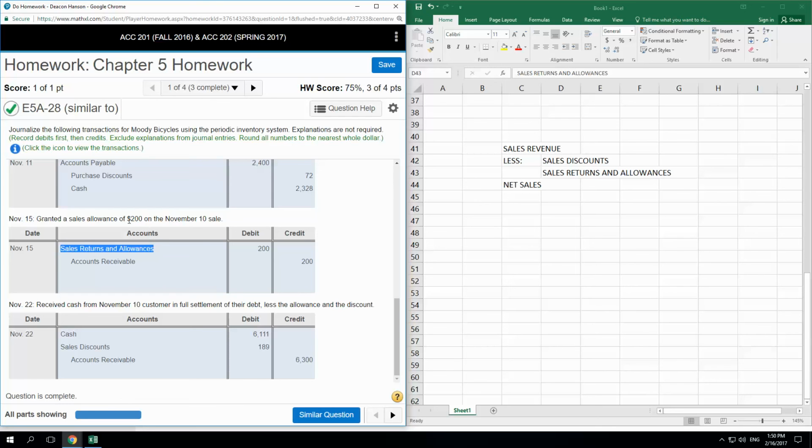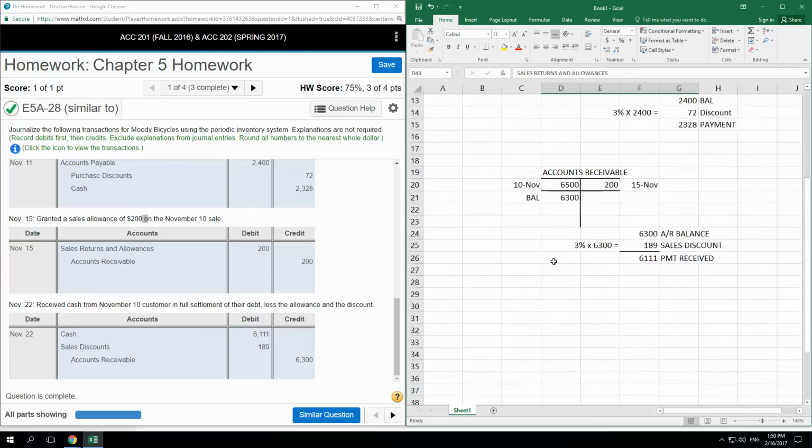They returned the 200 on the 15th, and then they made the payment on the 22nd, right? So look at this, Spencer. What I did was I figured out what my balance was first, and my balance started at 65, but this is the return. So that brought the balance down to 63. We only computed the discount on the balance minus the return.